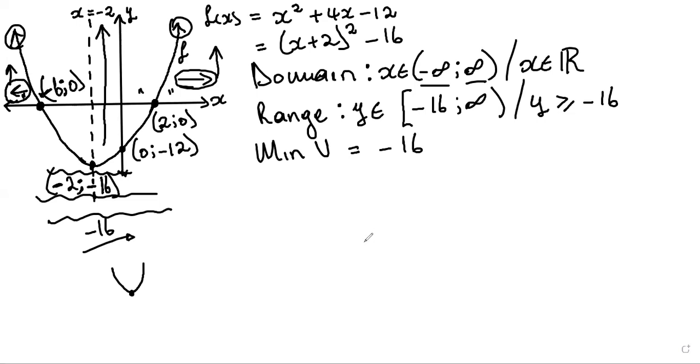So if the function is concave up, you're going to have a minimum value. But if the function is concave down or convex, think of it, convex, then you're going to have the maximum value. Because for the concave up, you are saying it starts here, it ends where I don't know. So the maximum value is infinity, which is not a number. So you can't say you have a maximum value.